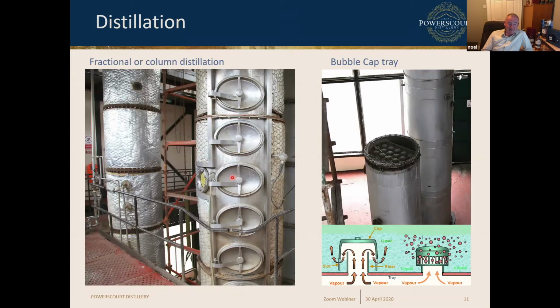And this is a sieve tray column, like we mentioned earlier, and each door represents a single plate. So you can see on that section there are 1, 2, 3, 4 plates even, and there could be about 7 or 8 of these sections in the column, and it could be up to about 40 foot high. So this column will be producing somewhere around about 1,200 litres of alcohol an hour, which is quite a lot.